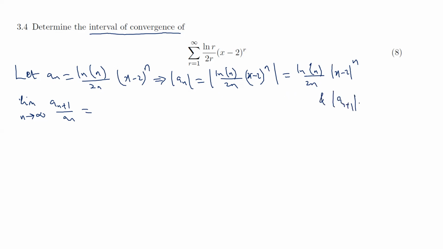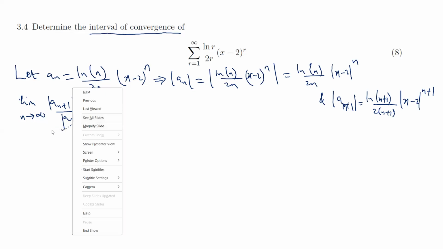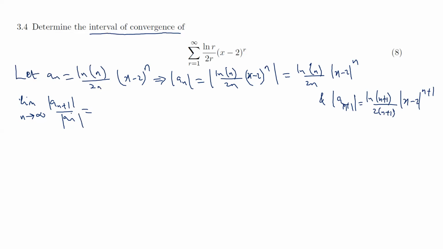And also you have this one, which is the ln of n minus 2, n plus 1. So you must put the absolute value here for the ratio test. So this is the limit.